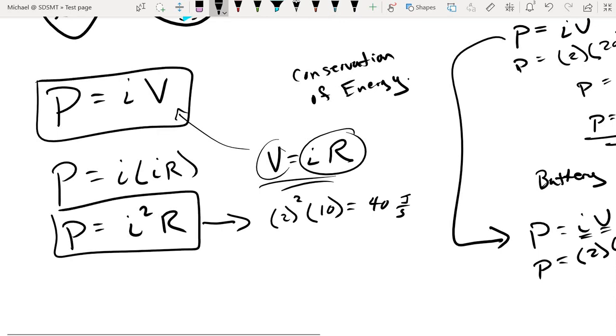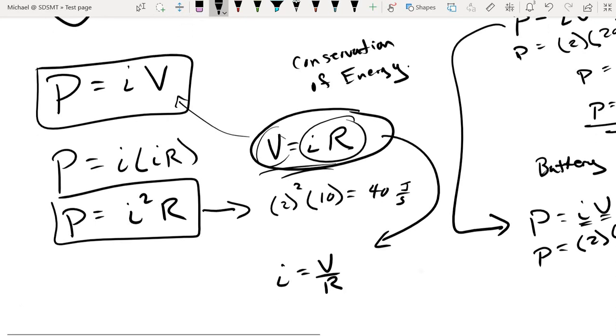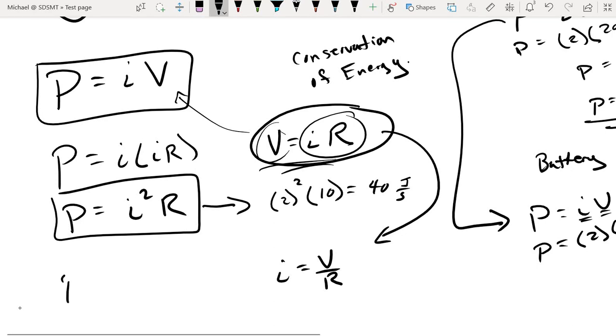But there's another substitution we can make. What if instead of substituting V in the first equation, maybe we take Ohm's law and we rewrite it for I. And then we replace I in the top equation.